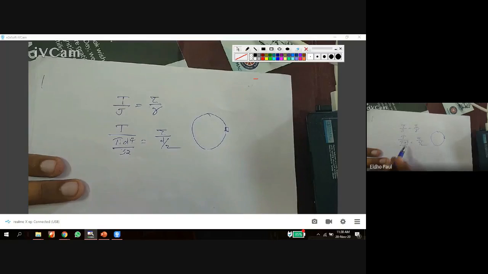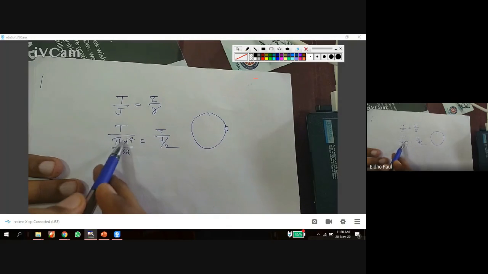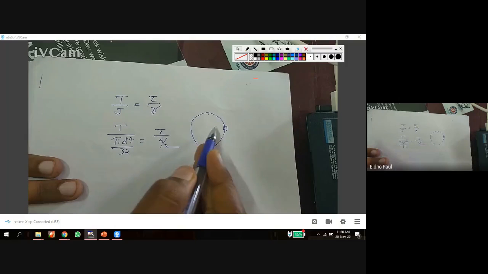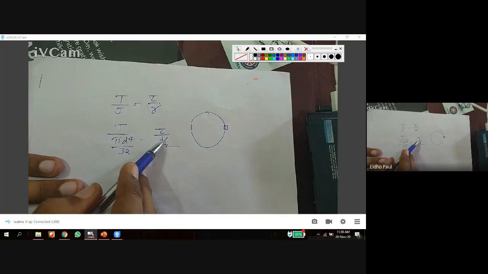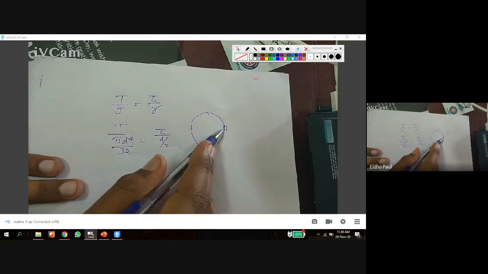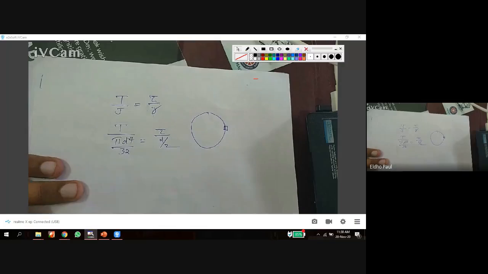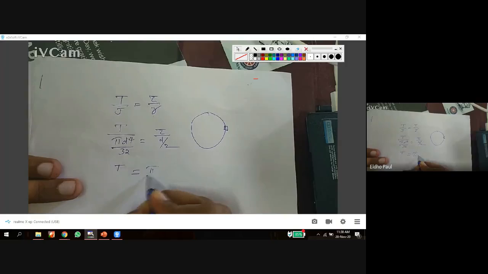In this term, d is the cross sectional diameter. It does not vary with the element position, it is constant, but R varies with the element position. If we consider the element at the surface, then R equals diameter of the cross section by 2. From this we can write T equal to pi by 16 into tau into d cube.